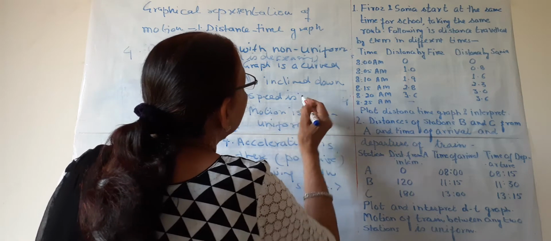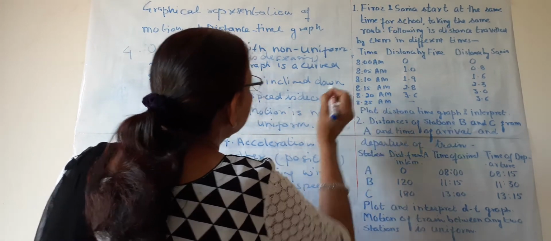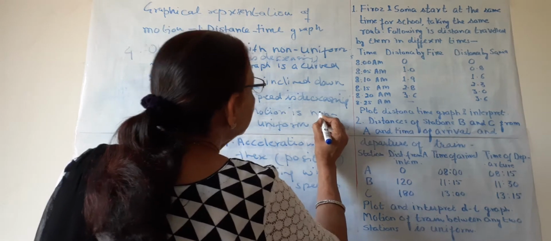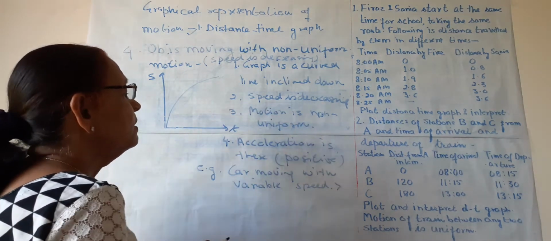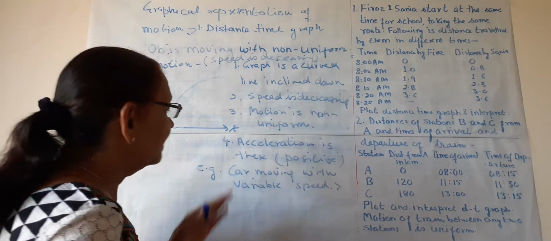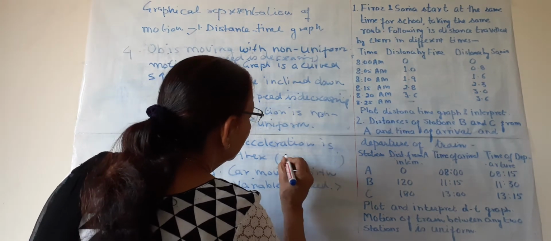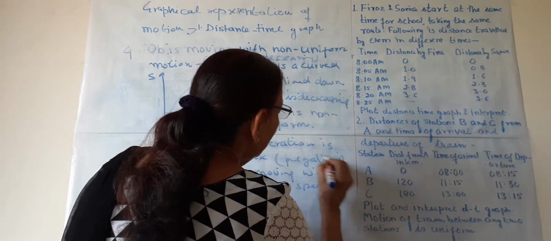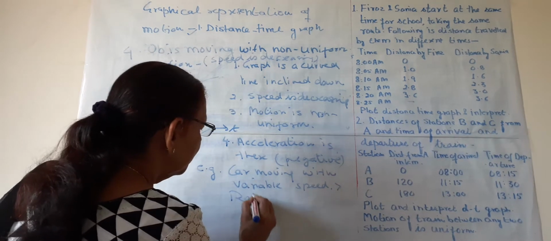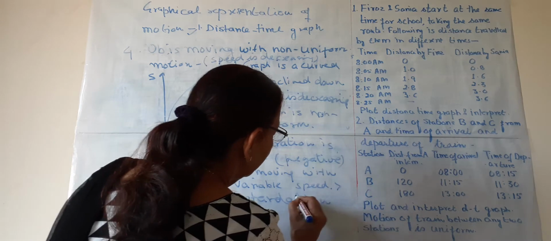Speed is decreasing here. Motion is non-uniform, like the first one. Acceleration is there, but this acceleration is negative acceleration, or we can say it is retardation, because negative acceleration is known as retardation.